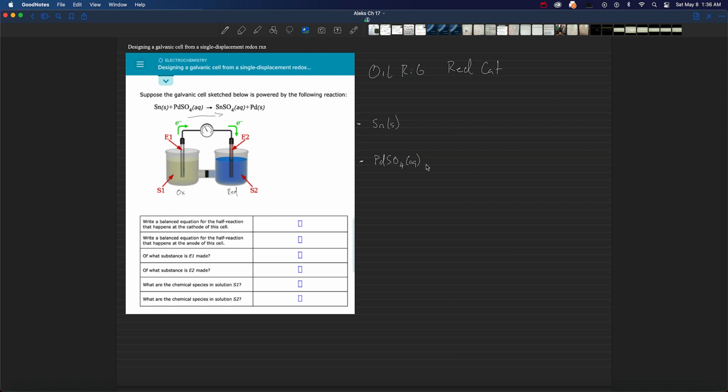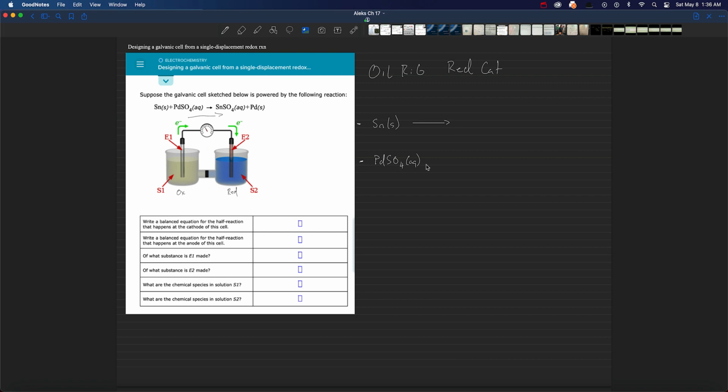You'll see Sn will be oxidized, but you see the product is SnSO4.